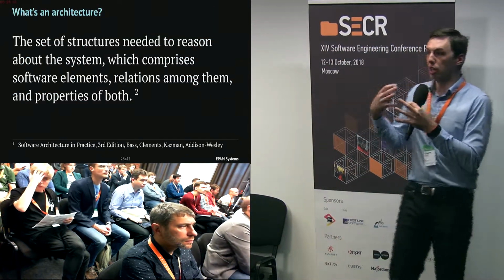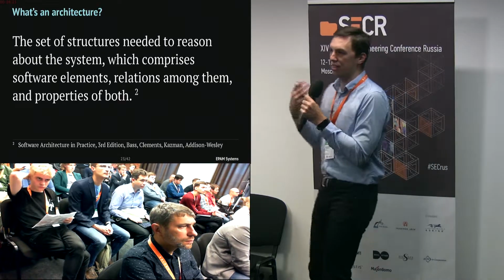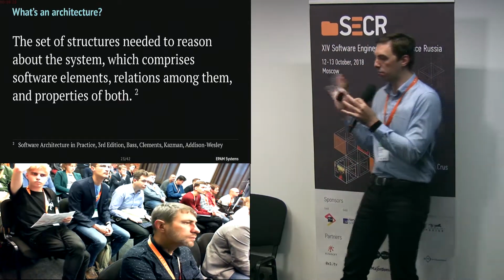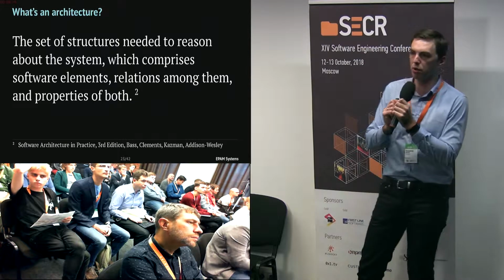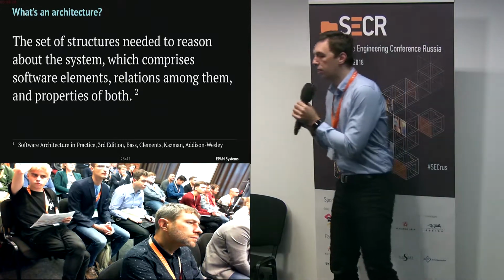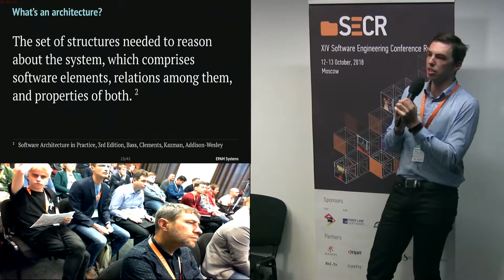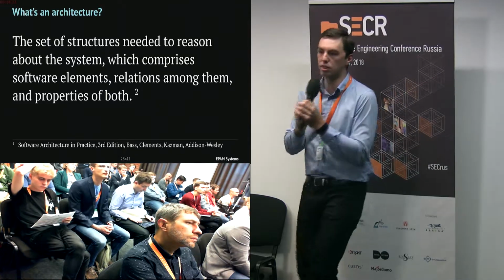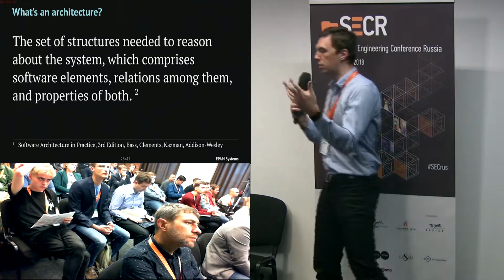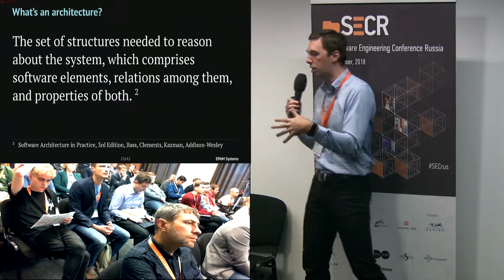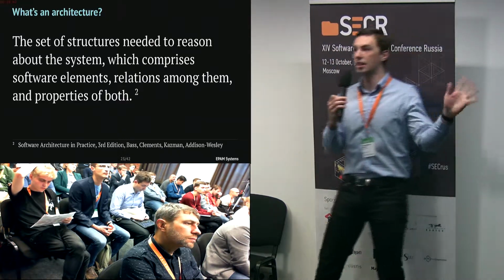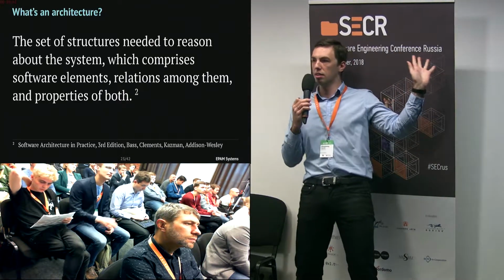We're talking a lot about architecture, but we didn't give any definition. There's a very smart book, Software Architecture in Practice, from the Software Engineering Institute. And the definition is that the architecture is the set of structures needed to reason about the system, which comprises software elements, relations among them, and properties of both. Does anybody understand anything?